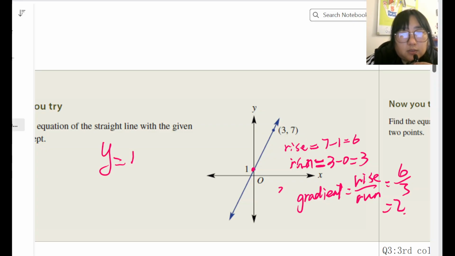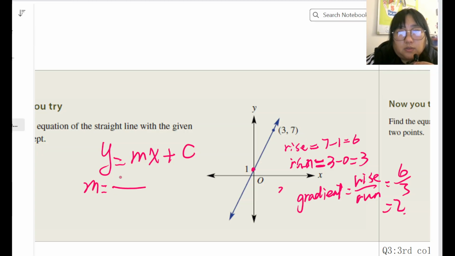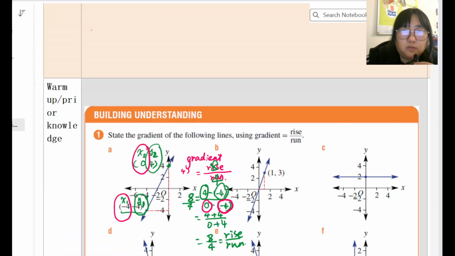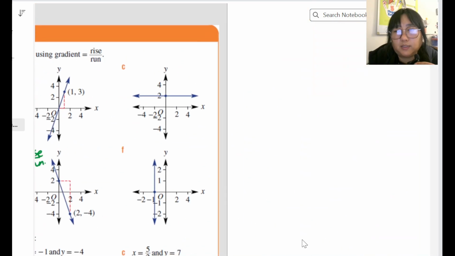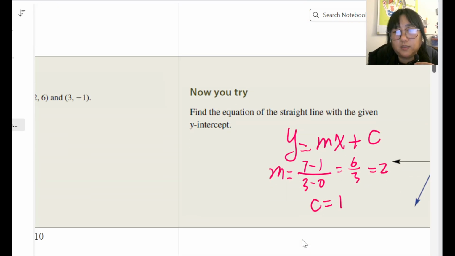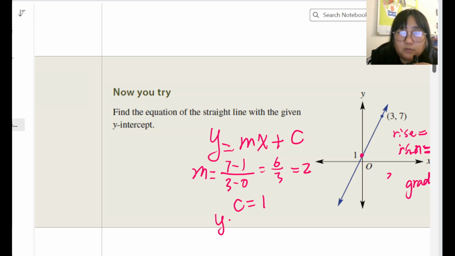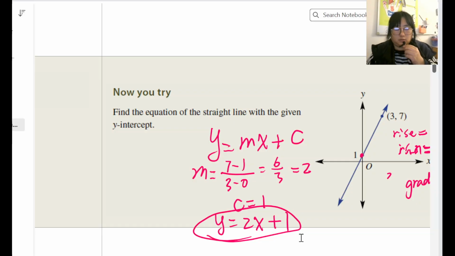So in gradient intercept form, your gradient is 2, you calculated 7 take 1, 3 take 0, 6 over 3, 2. And your c is 1. So y equals 2x plus 1, that is your function.